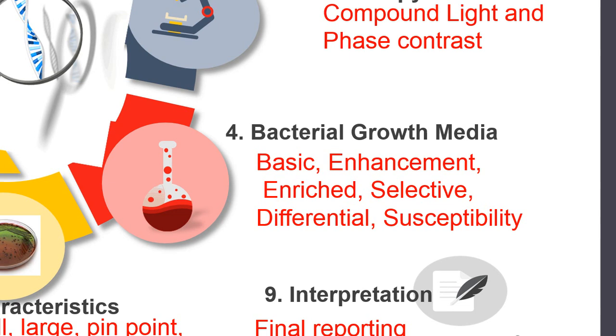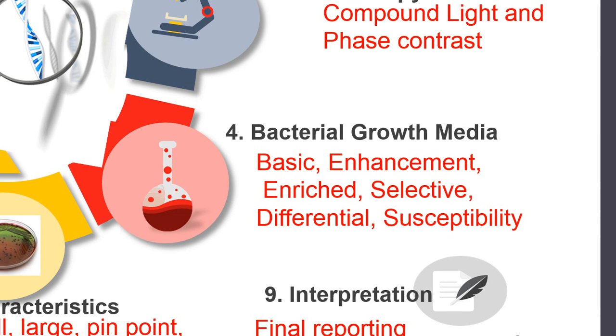Then we have selective media. With selective media, the idea is that they make the selection, so only one group of bacteria will grow while the other group will not grow. Usually we use it to differentiate between gram positive and gram negative bacteria. For example, MacConkey's agar is especially designed to support the growth of gram-negative bacteria, so gram-positive bacteria will not grow on this media.